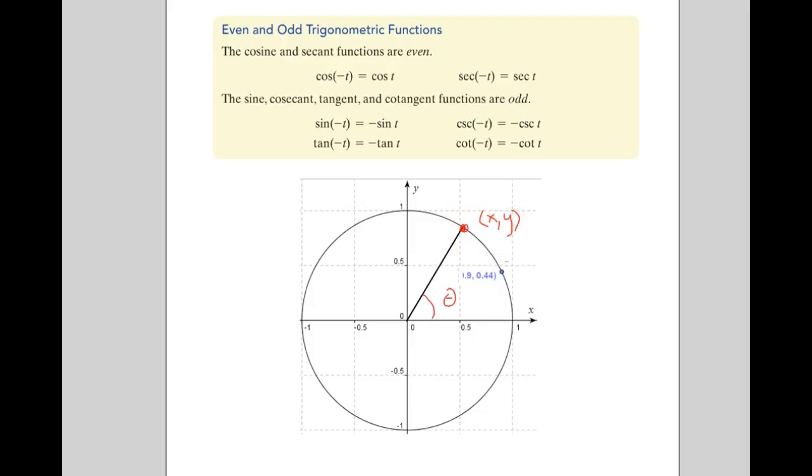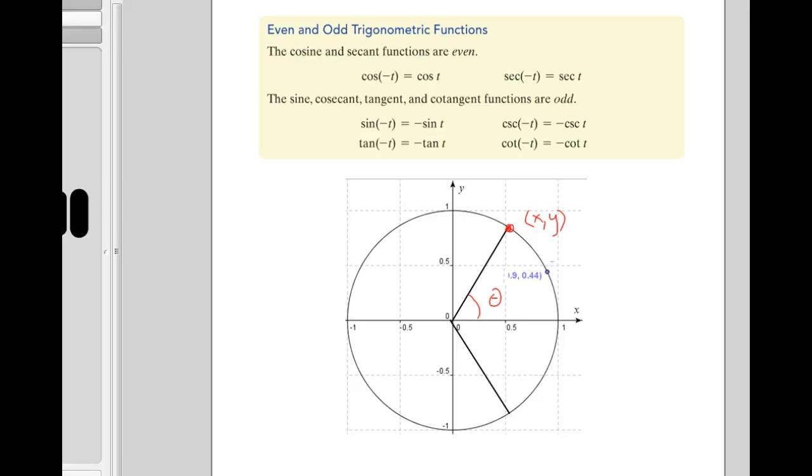What this is saying is if I went down by the exact same angle, the same angle but the opposite sign, meaning instead of counterclockwise I went clockwise, so that would be a negative angle, where I end up would have the exact same x-coordinate. Remember, cosine is x-coordinates. I'd have the exact same x-coordinate, but the sine is going to be opposite. The y-coordinates are opposite of each other.